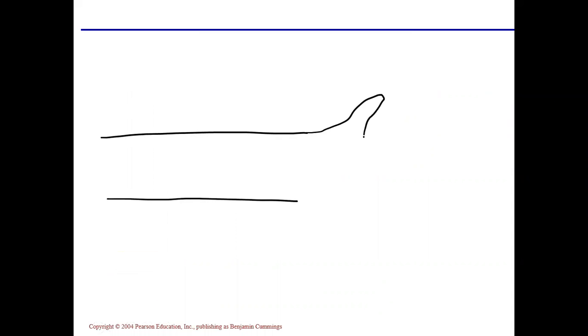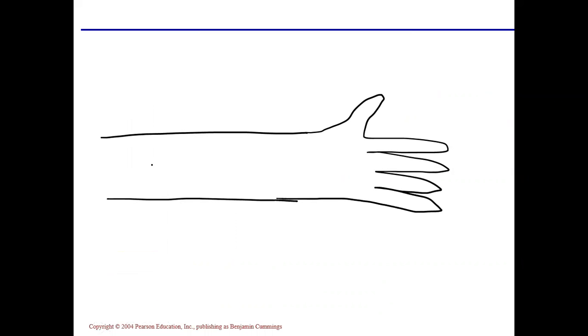You could pause for a minute and take a look at your forearm. Here's your forearm. Here are the fingers, for example, of your left hand. If you look at your forearm, it really depends. If it's cold, you may not be able to see it as much because vasoconstriction is happening.